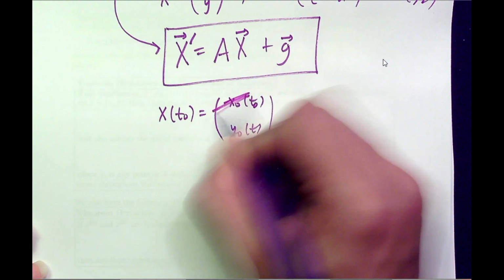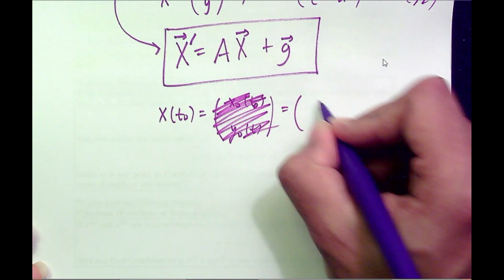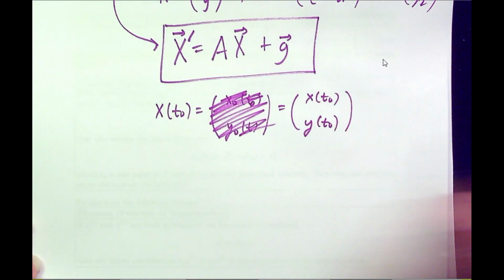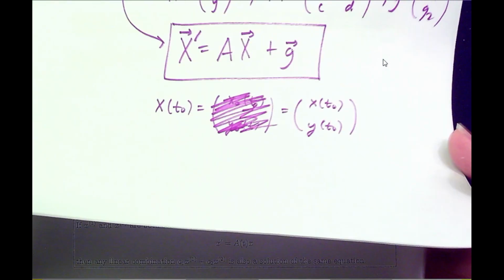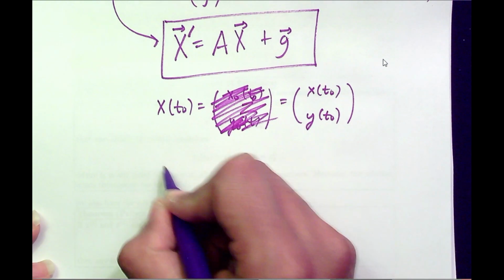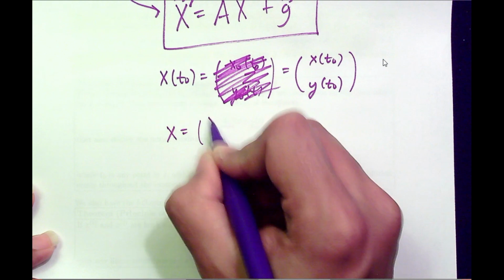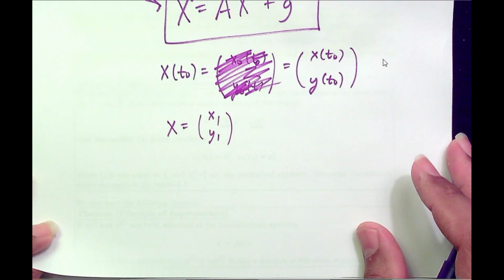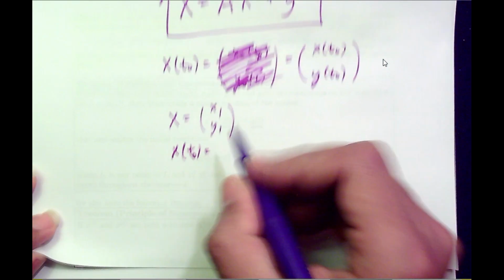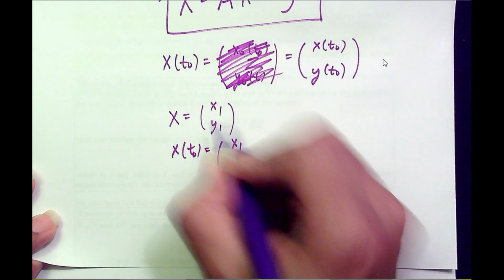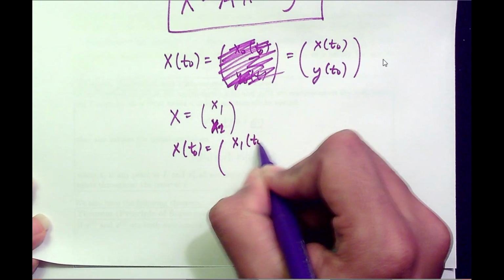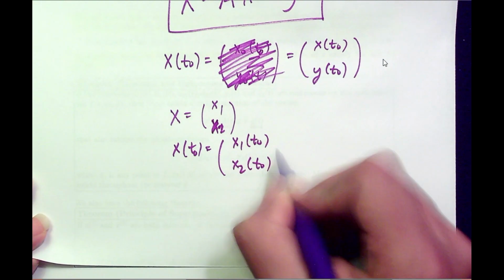So the notation, and this is a particular point. Oops, let me write that again. This is at a particular point. So this is x of t naught, y of t naught. Okay, there. There's a mistake there. And then when you use the notation x equals x1, x2, in the book they use, let's say we plug in at t naught, this is going to be x1 evaluated at t naught, and then x2 evaluated at t naught.